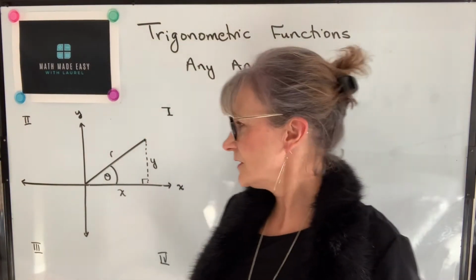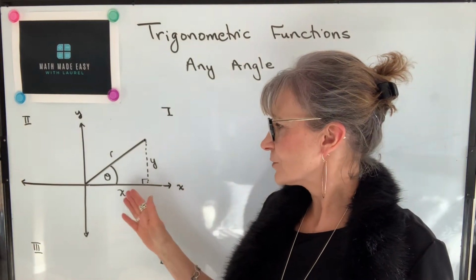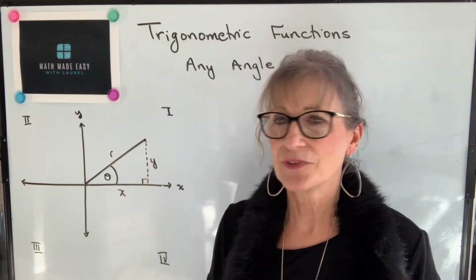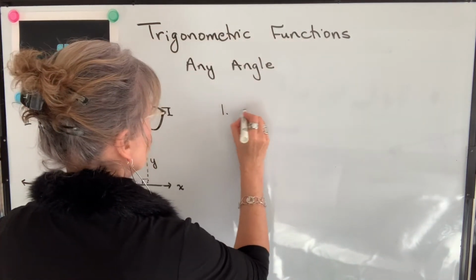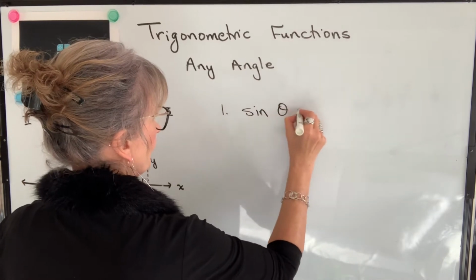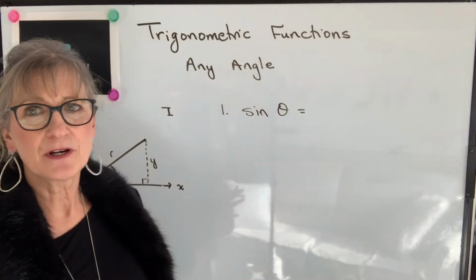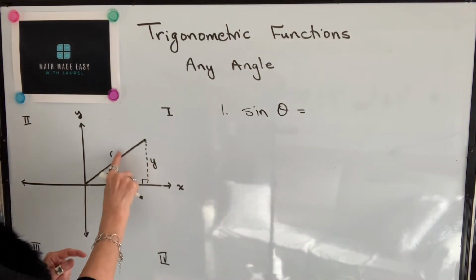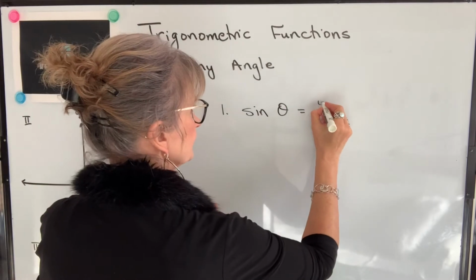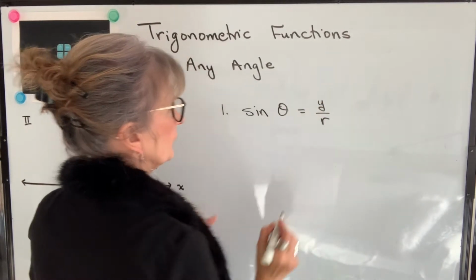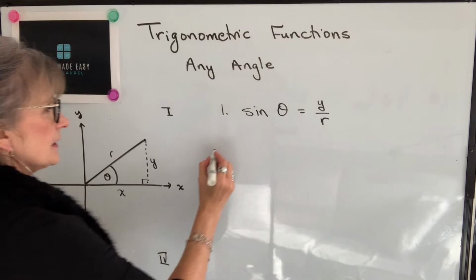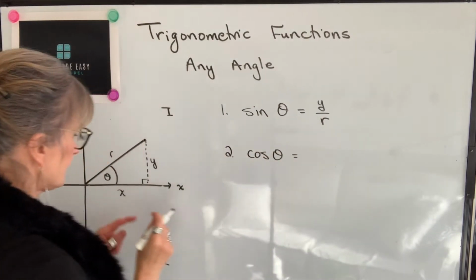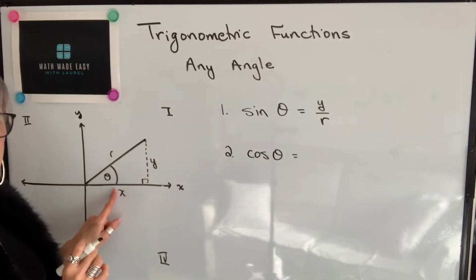So we're going to define our trig functions now in terms of x, y, and r instead of opposite, adjacent, and hypotenuse. Let's start with sine. We know that sine theta is defined as the side opposite to the hypotenuse. So the side opposite would be y, hypotenuse is r. Cosine theta, we've learned, is defined as the side adjacent to the hypotenuse, that ratio.